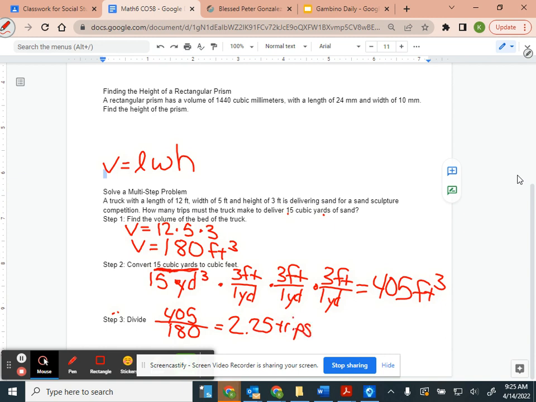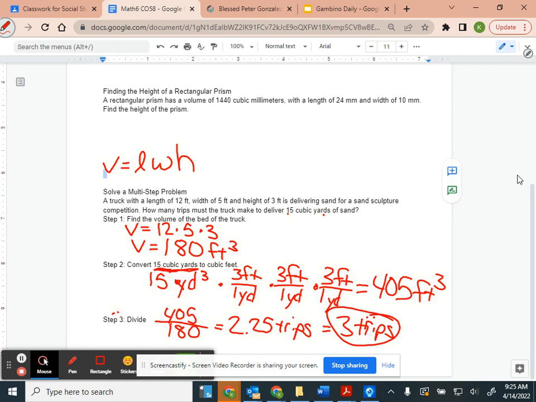So in reality, can you make a quarter of a trip? No, that's good. So you have to say it's going to be 3 trips, because you can't make a quarter of a trip. So your answer would technically be 3 trips. So he's just going to have not a full load on that last trip.